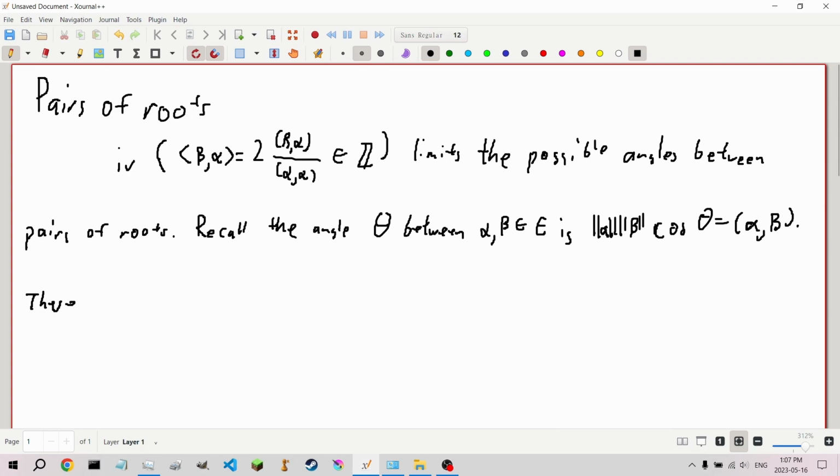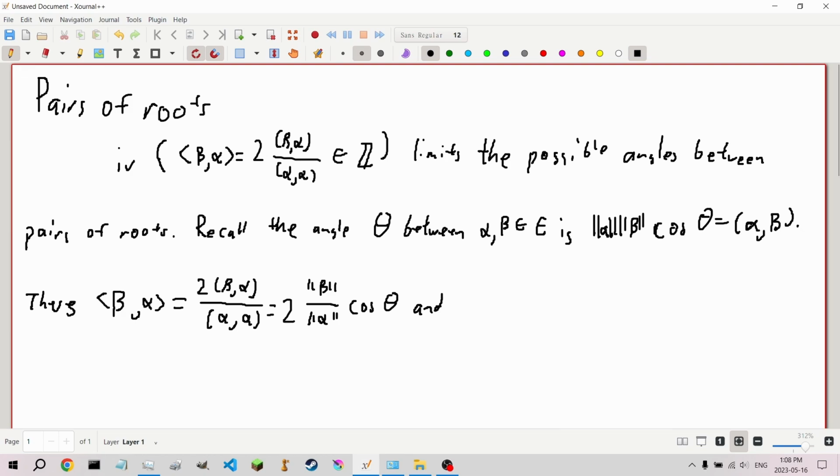Therefore, we have that the angle bracket of beta and alpha is equal to 2 times the form of beta on alpha over the bracket of alpha with itself, which is 2 times the size of beta over the size of alpha times cosine theta.